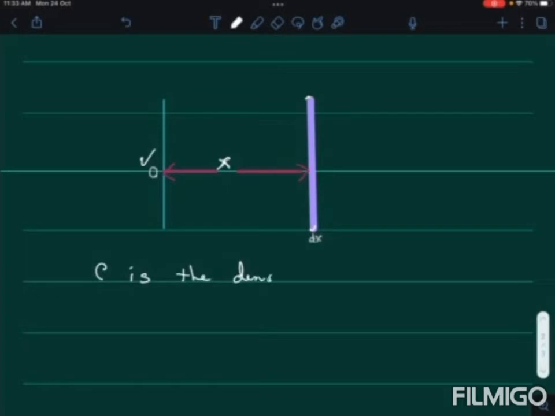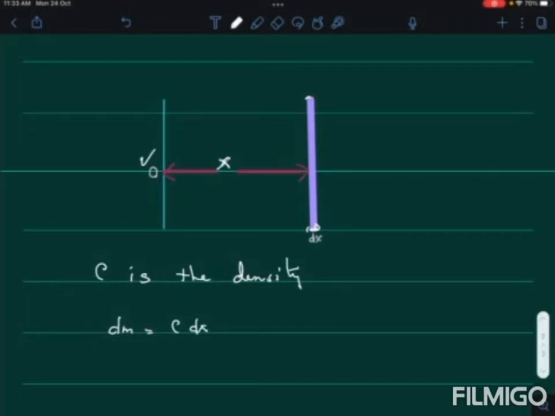Then the mass of the layer can be found. Since we have considered an infinitesimally small thickness dx, we find the mass of this small thickness and call it dm. It is nothing but rho into thickness dx.